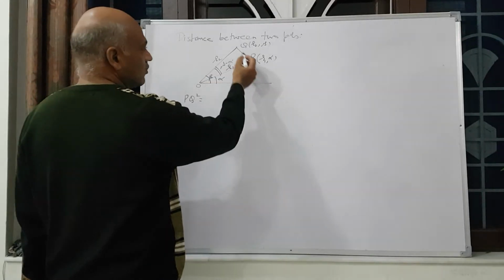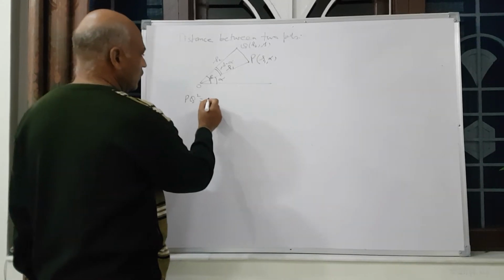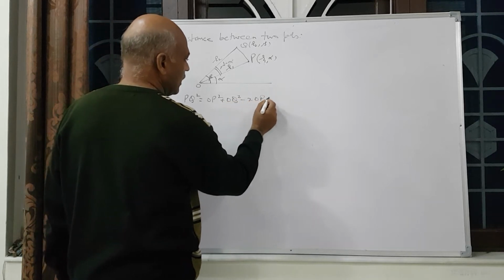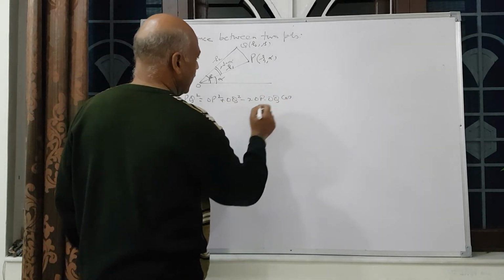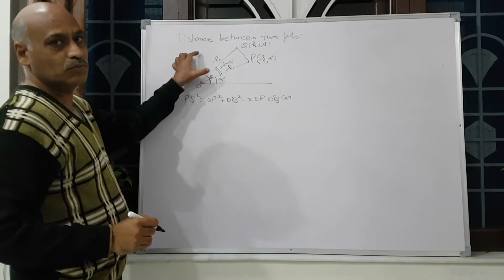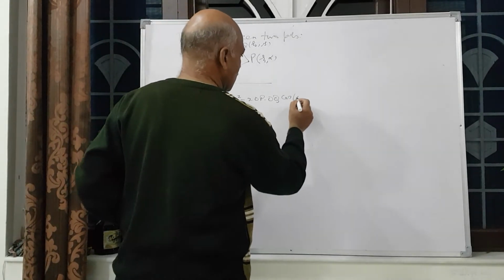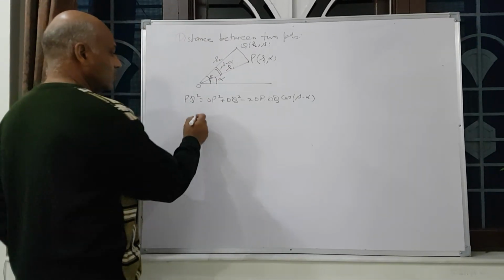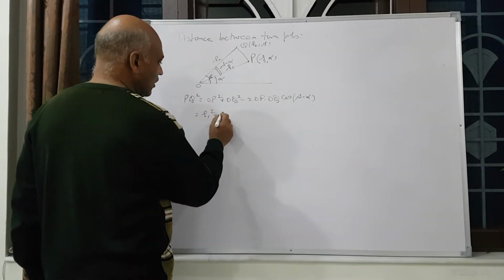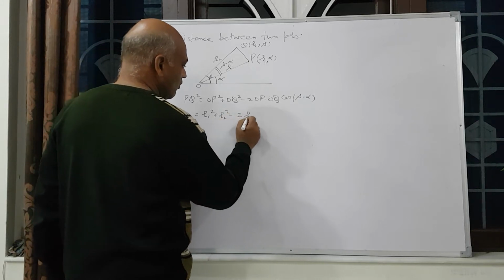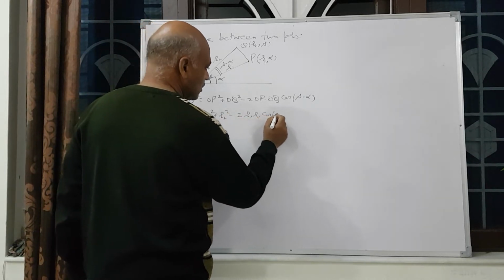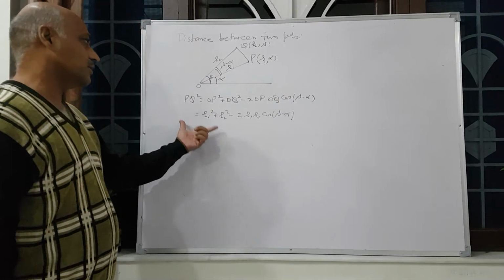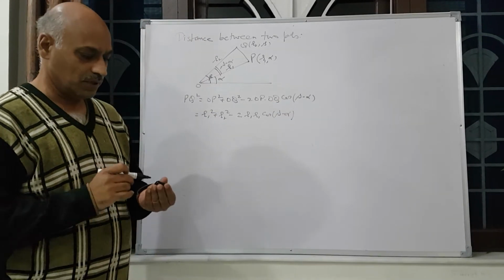So PQ square equals OP square plus OQ square minus 2 OP into OQ times the cosine of the angle between them, cos(beta minus alpha). That is R1 square plus R2 square minus 2 R1 R2 cos(beta minus alpha). So this is the distance between 2 points in polar coordinates.